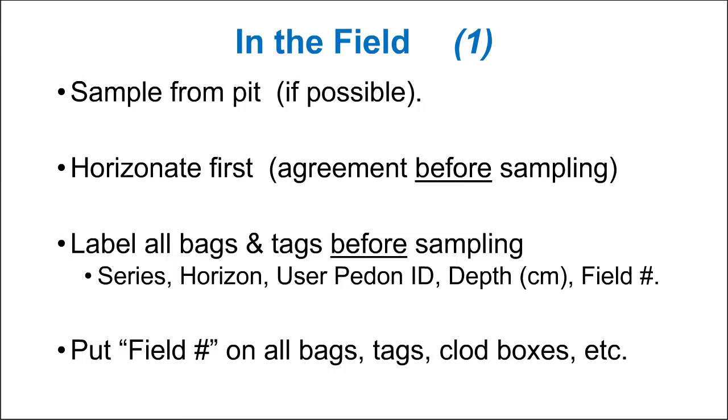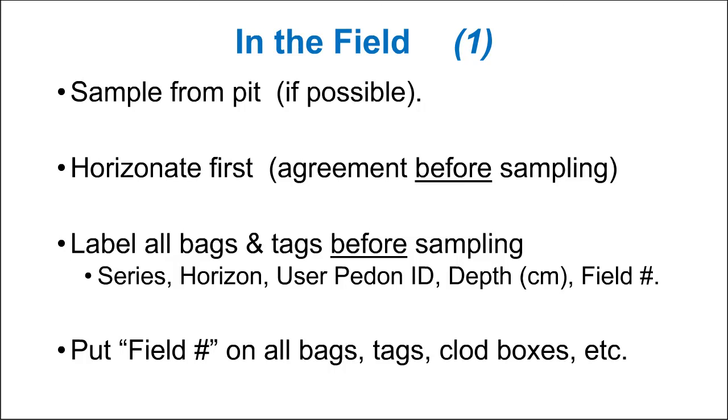It has little meaning outside of the particular project that you're in, but it is a way of identifying things if something goes sour with the other identifiers. And the field number needs to go in the bag, the tag, in the clod box lid, on the clod bags, etc.